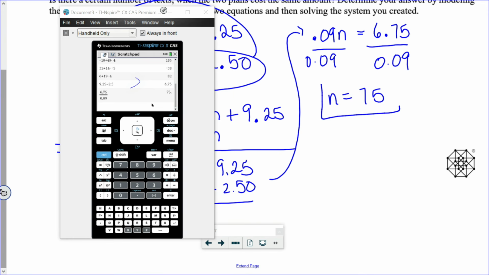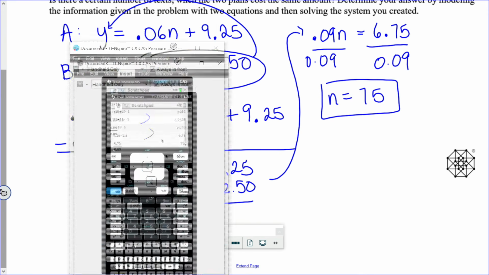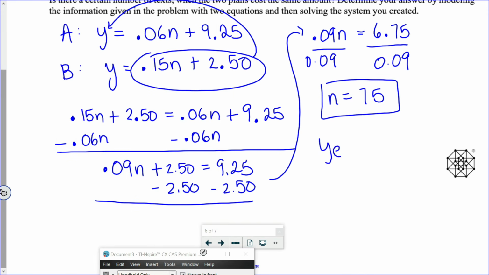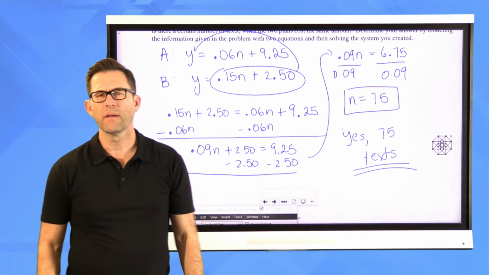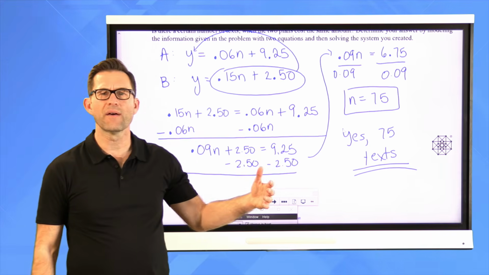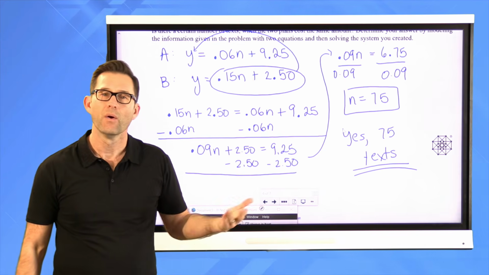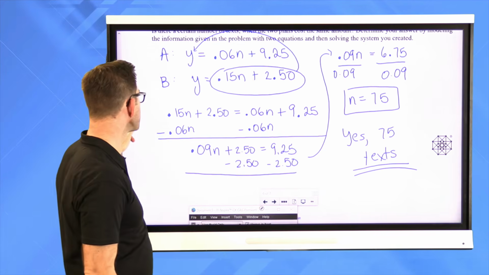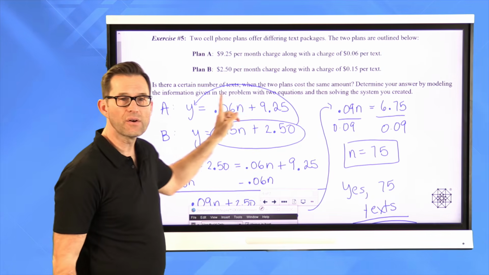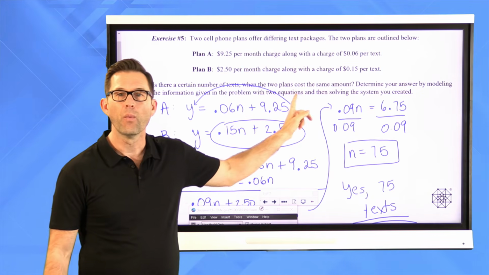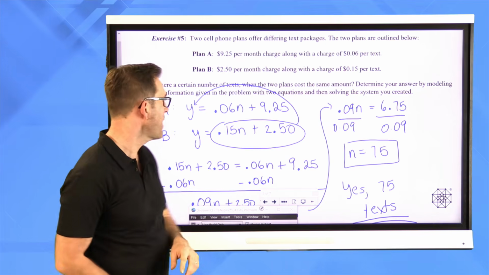So you bet, right? The answer is yes, 75 texts, right? Now you might say, well, why didn't you take the 75 and plug it back in to finish solving the system? Well, keep in mind what the question asked, right? Is there a certain number of texts when the two plans will be the same amount?